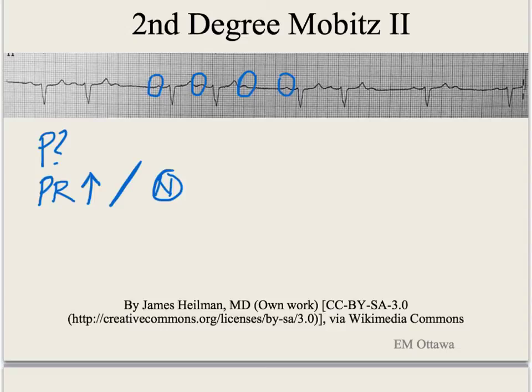What about the relationship between P and QRS complexes? Once again, you can see that there is a dropped QRS complex right here. Therefore, you don't have a one-to-one relationship between P and the QRS complex. The RR interval is irregular.